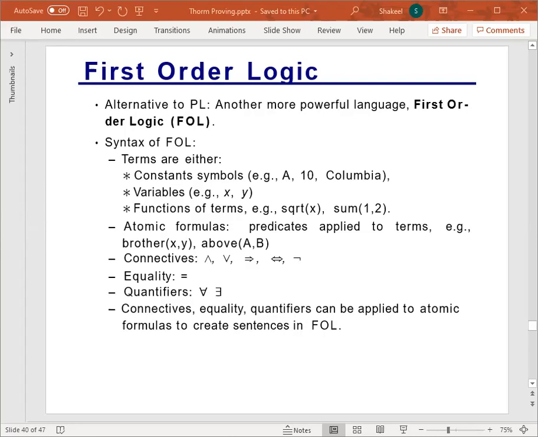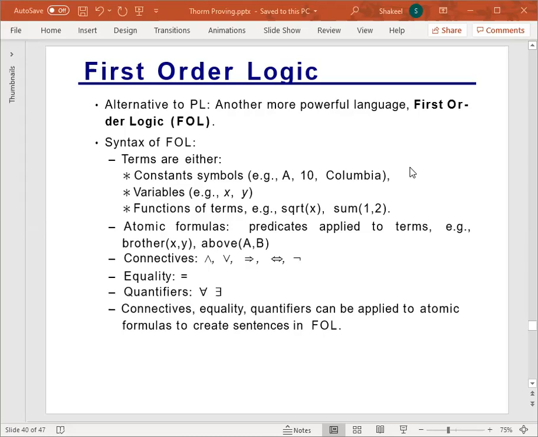So you could see already that instead of saying square 1 is clean, you could just use a variable to express any square. We are going to talk about atomic formulas, which are predicates that apply to terms.